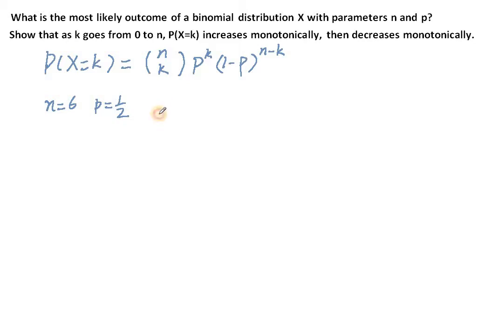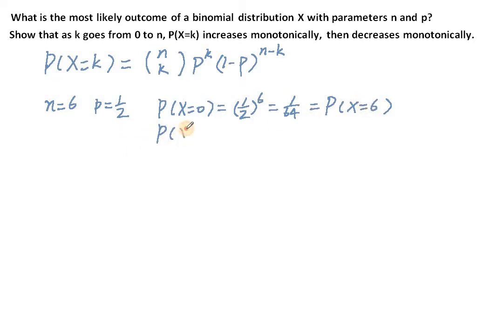So probability of X equal to 0 is n choose 0, which is 1, times 1/2 to the 6, which is 1 over 64. And it's actually the same as probability of X equal to 6. So basically, getting no heads or getting all heads is the same.